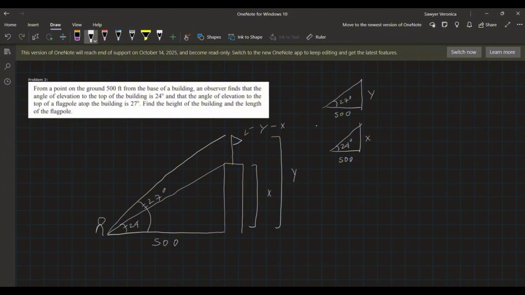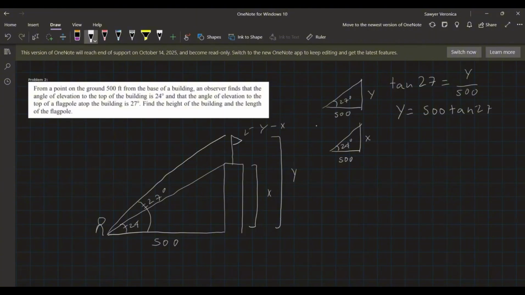So we have the angle, the opposite, and the adjacent sides. So this would be tangent. Tangent 27 degrees is equal to opposite over adjacent. So y over 500. And then just multiply both sides by 500, and that would be y is equal to 500 tan 27.